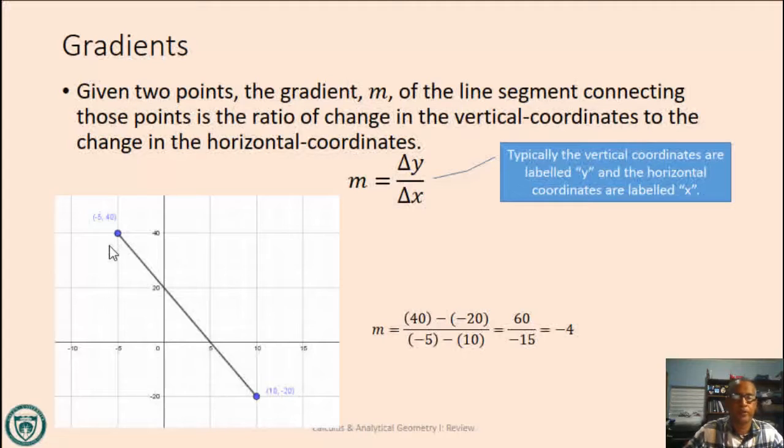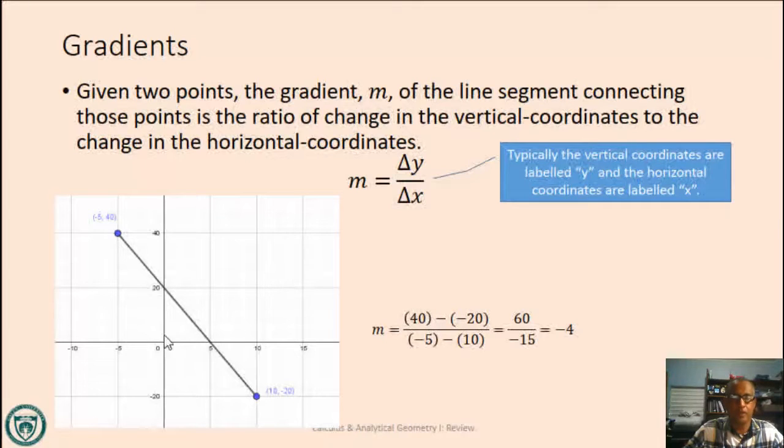So if we take this point as the initial point, and this is the final, then the final value of y will be 40 and the initial value of y will be minus 20. Notice we have parentheses around the minus 20 in here. You do not absolutely have to put these parentheses, but they help you focus on what you're supposed to be doing. Sometimes students forget that it's minus a minus and just put minus 20, and that's a mistake.